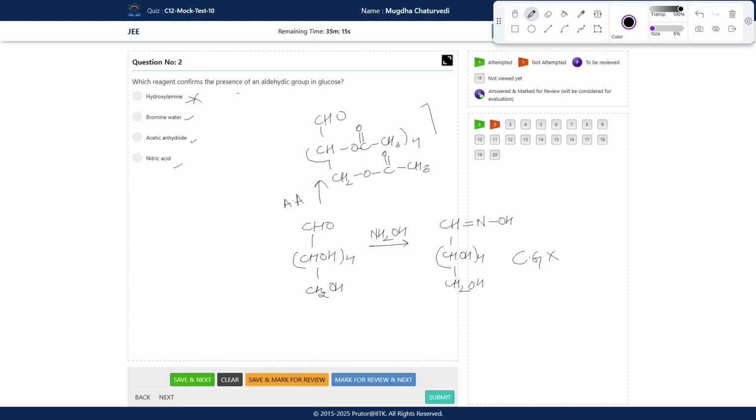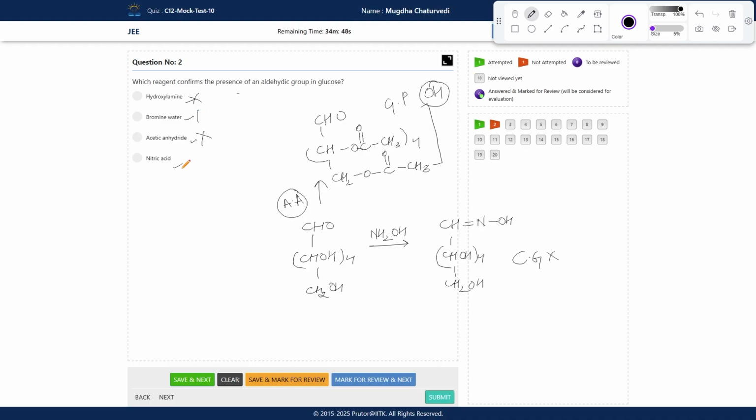This is the formation of glucose pentaacetate, which confirms the presence of the hydroxyl group, the OH group. So this option is also not right. Acetic anhydride is also wrong.